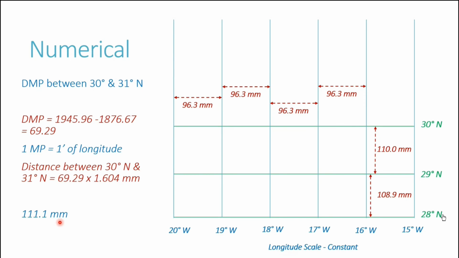This gives us the gap between 30 and 31 as 111.1 millimeters. So again, you can see the distance between 30 and 31 has increased now from 110 to 111.1. So we can now measure this much of distance, 111.1. And keeping this distance, we can now mark off the parallel of latitude of 31 degrees north.